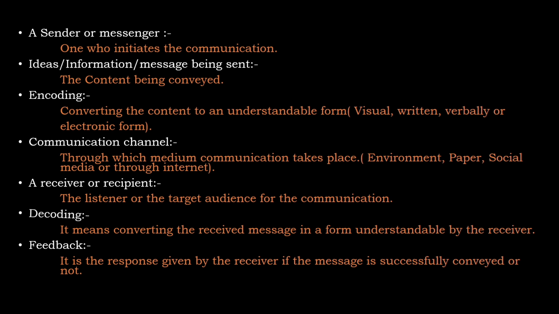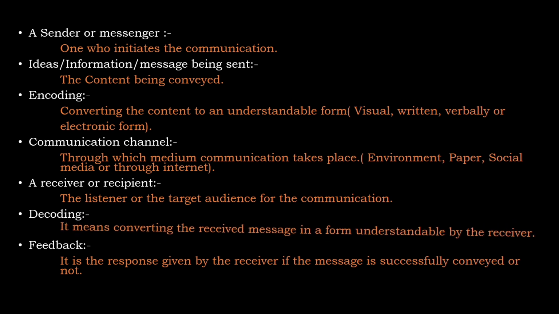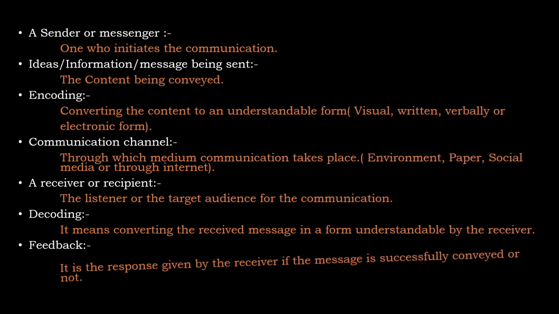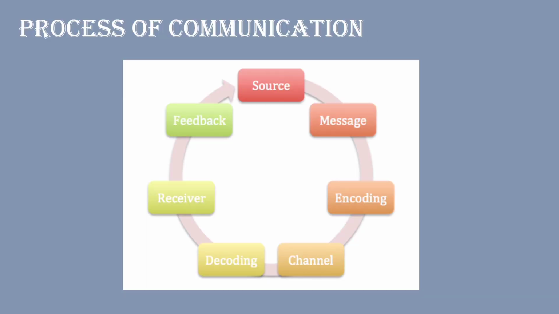Then decoding occurs, which means the received message is converted into an understandable form by the receiver. The seventh element is feedback, which is the response or reaction of the receiver. It helps the sender know if their message was understood correctly and makes the communication process a two-way street. You may note on your screen the process of the communication cycle.